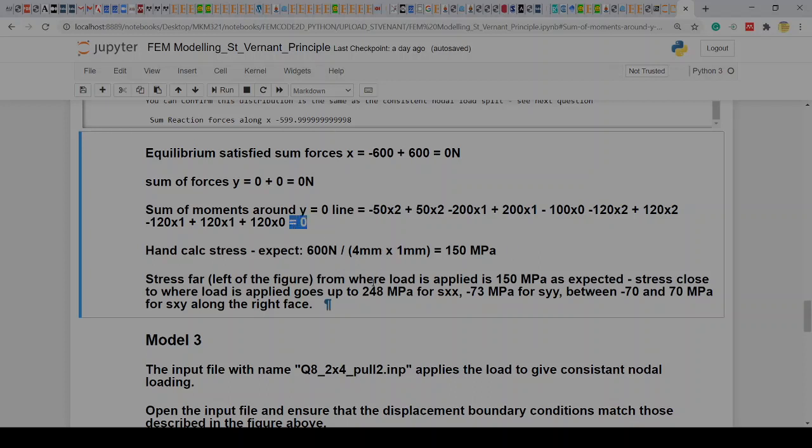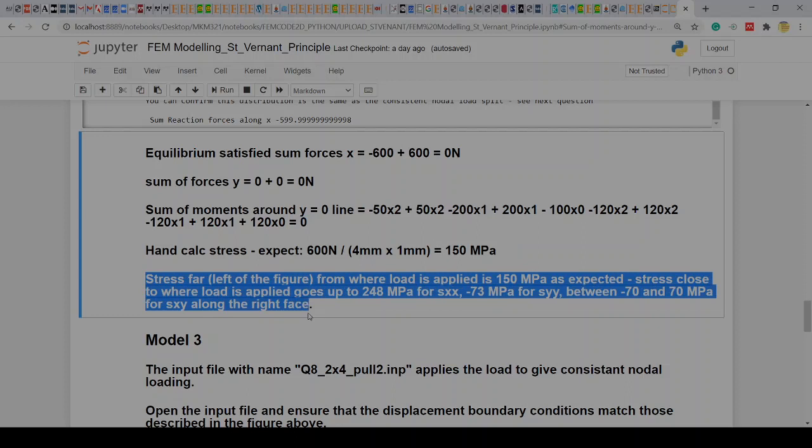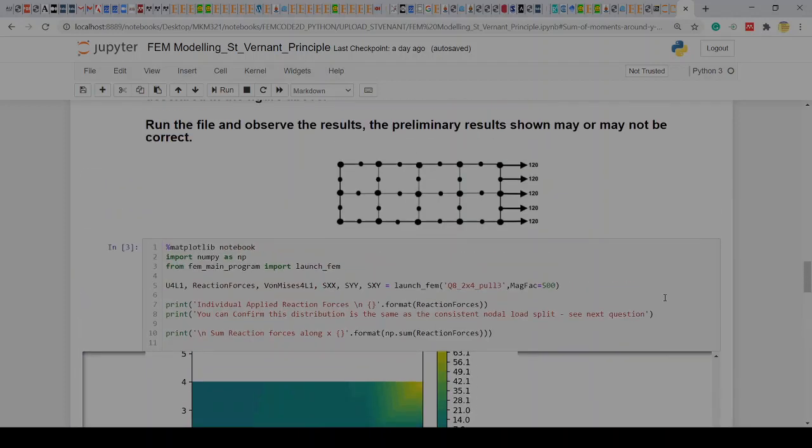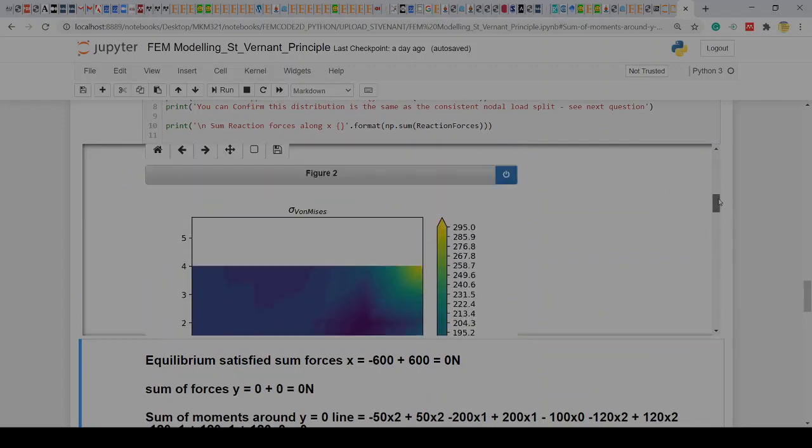The end calculation for stress, again 150 is expected, and here we're just summarizing again what is the stress far away. Okay, from where the load is applied is 150 as expected. Where it's close by, it can vary quite a lot. Okay, it can be quite different. Beautiful. Okay, so this is again just to remind you of what's going on.